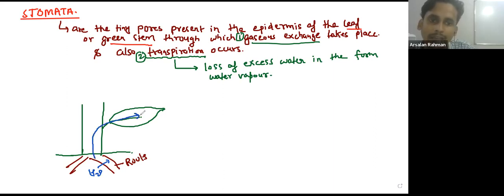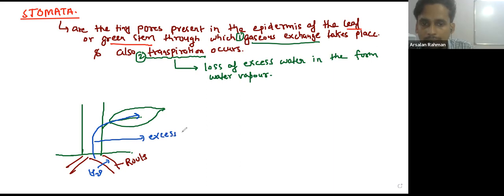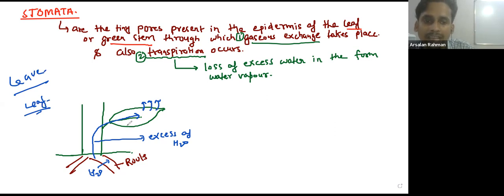If there is excess of water, then what will happen? The excess of water will leave from the leaf in the form of water vapor.